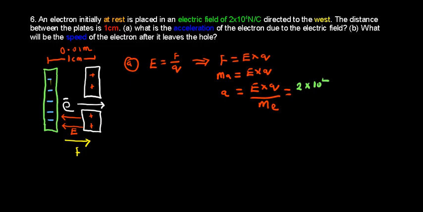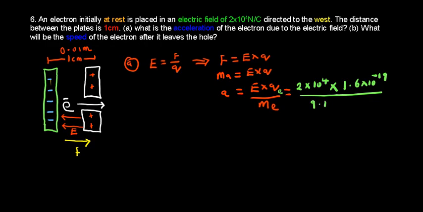Charge of the electron, which has a value of 1.6 times 10 raised to power negative 19 coulombs. So divided by the mass of the electron, which is 9.11 times 10 raised to power negative 31 kilograms.